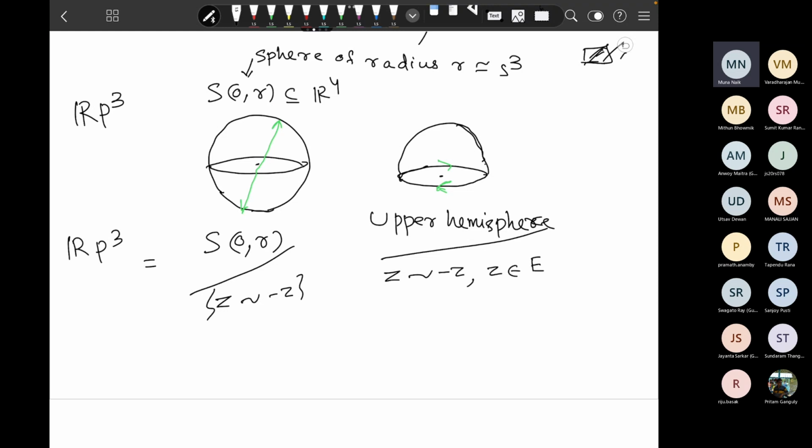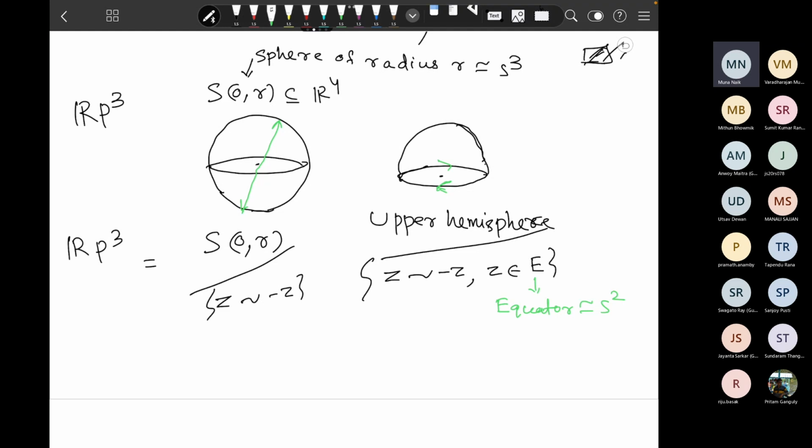This E stands for equator, and in this case the equator is homeomorphic to S2, a lower dimensional sphere. So this is my description of RP3.